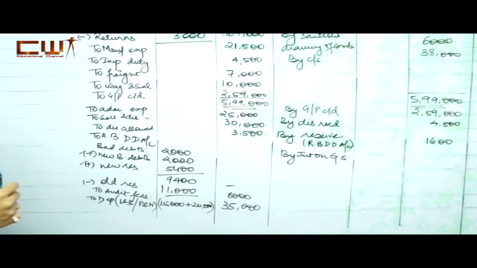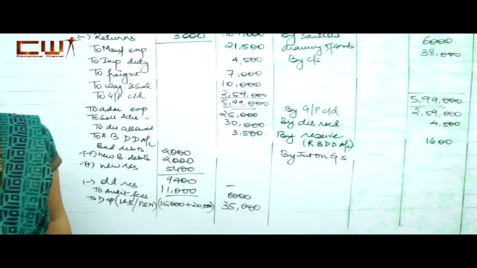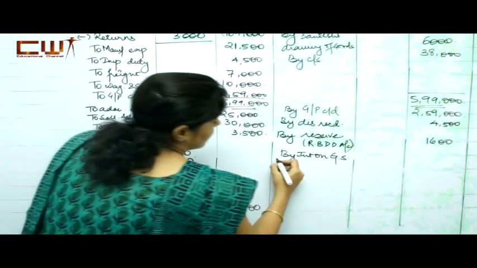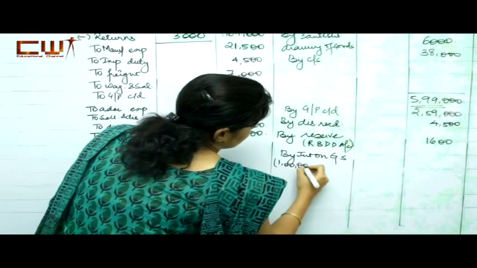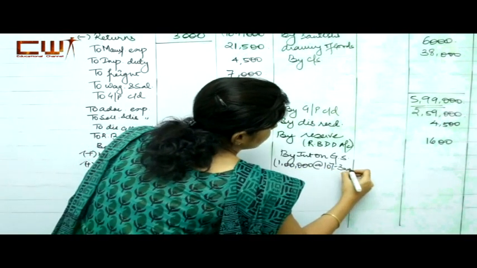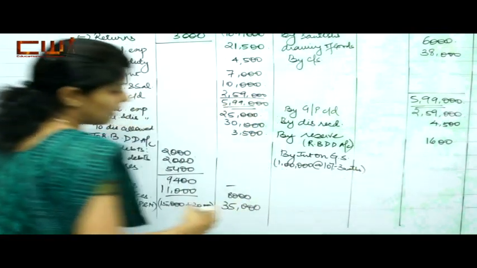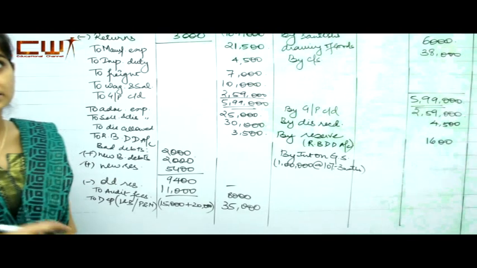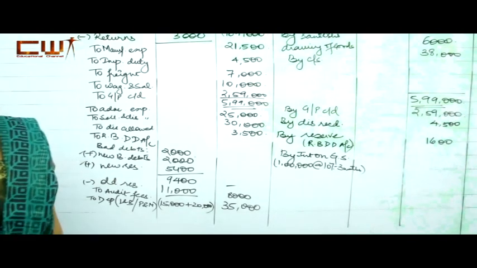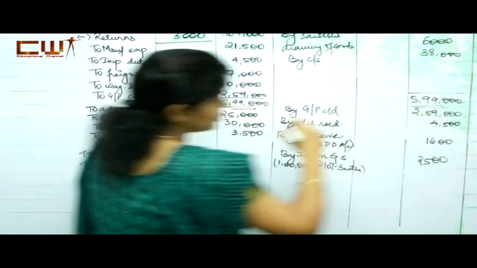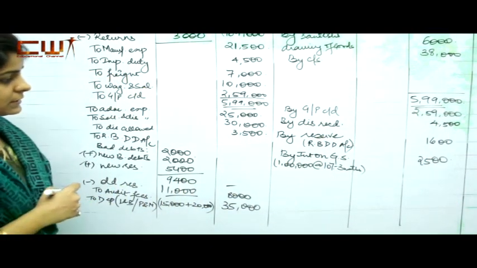You have to calculate 1 lakh at the rate of 10% for 3 months. Right? 1 lakh into 10% is how much? 10,000 for 12 months. For 3 months it will be how much? 2,500. So this 2,500 will appear here on this side, right?